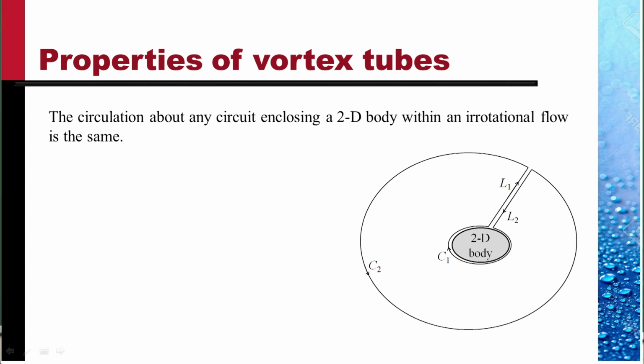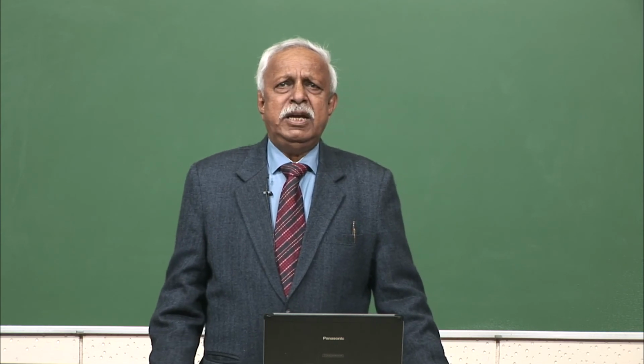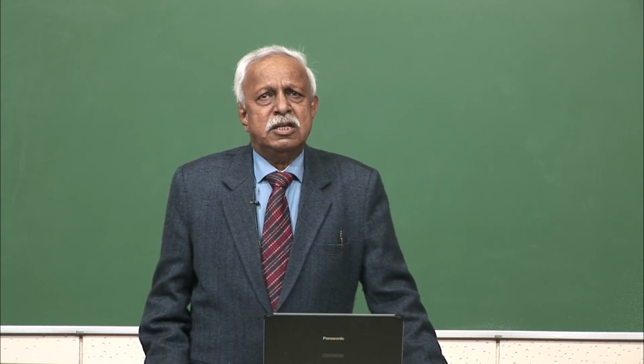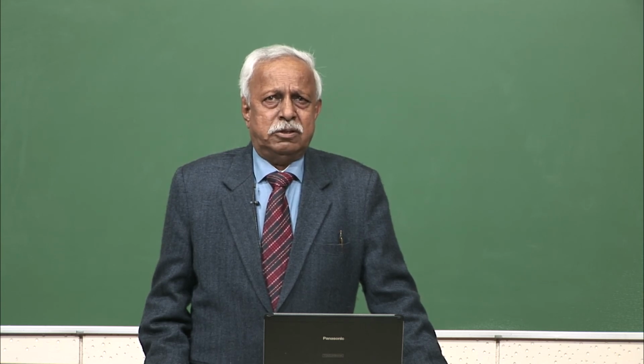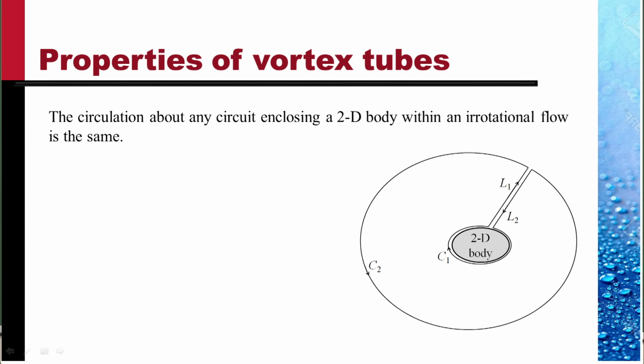And so the circulation about this should be 0, since this lies wholly within the inviscid flow. There is no vorticity which is enclosed. Now, the circulation produced by the components L1 and L2 cancel out because they are in the opposite direction. So, this shows that the circulation about C1 and about C2 must be the same.